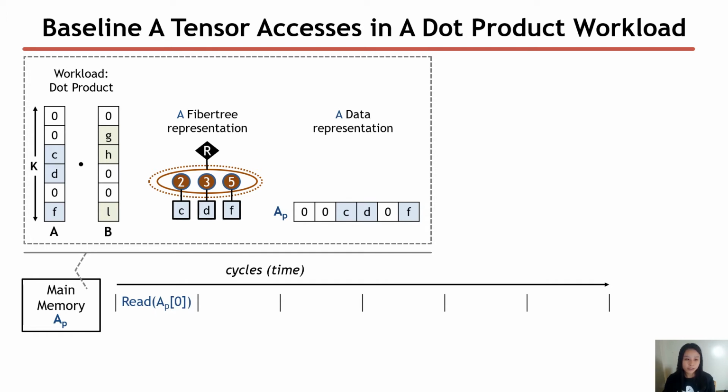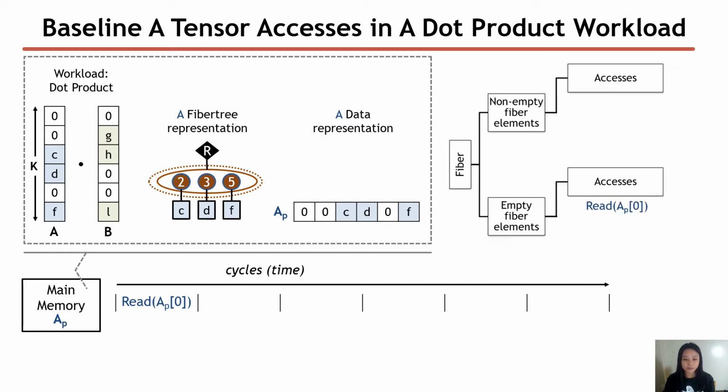The first cycle in this workload will essentially access the first A value in the payload vector. Remember, this is default uncompressed, so we will access this 0 value, which is in position 0 of the A payload vector. And I have put the classification of access types here as well.